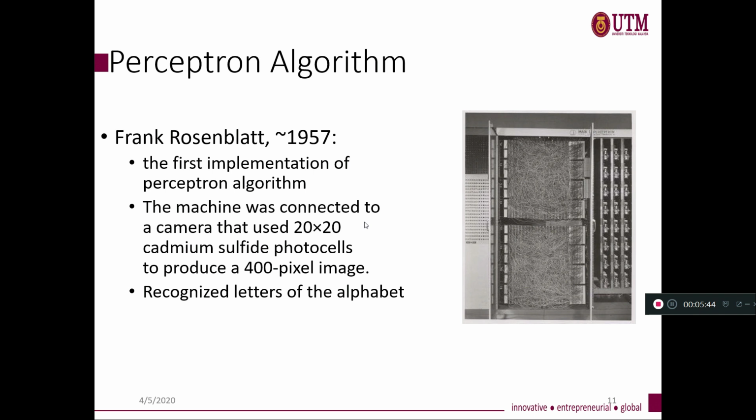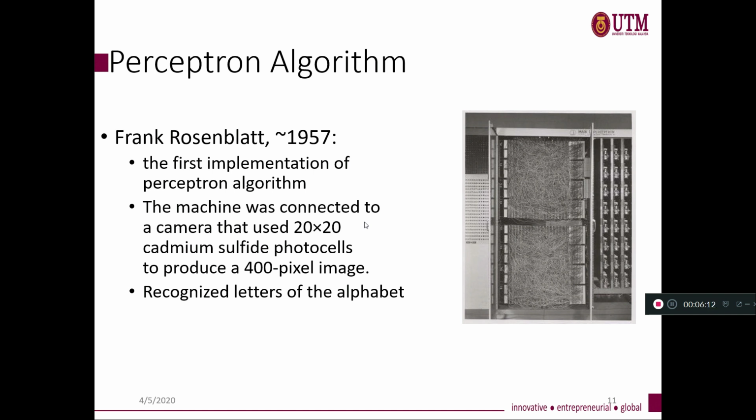It means that at that time, of course, the camera was not as good as today, and the computer was not as fast as today. So you could only obtain a 20 times 20 pixel image. What they wanted to do was produce an automatic system using the perceptron algorithm that could recognize the letters of the alphabet from this image.